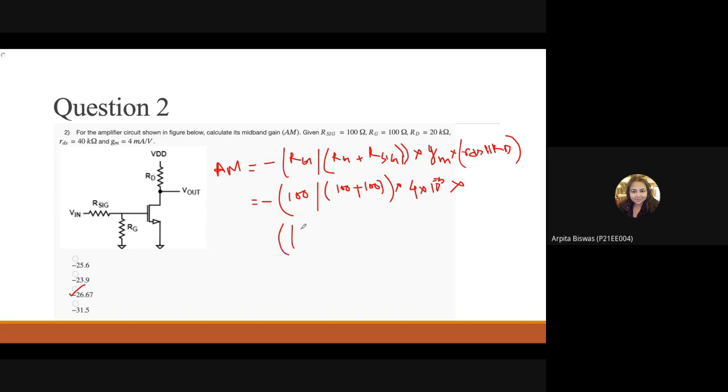This means 40 into 10 to the power 3 parallel, this means multiplied by 20 into 10 to the power 3, divided by, because this is parallel, 40 into 10 to the power 3 plus 20 into 10 to the power 3.